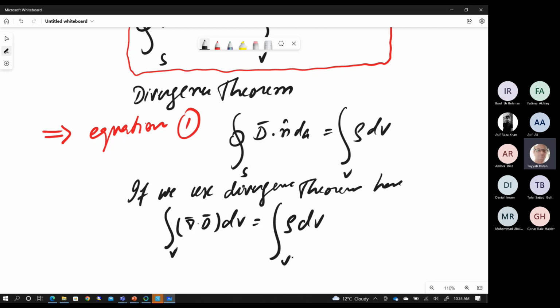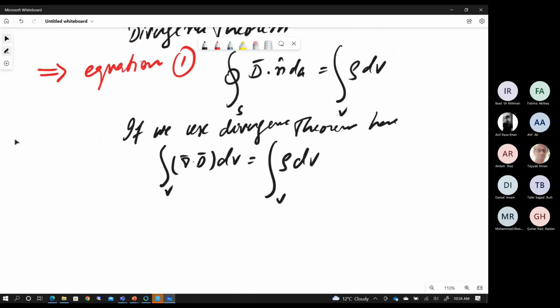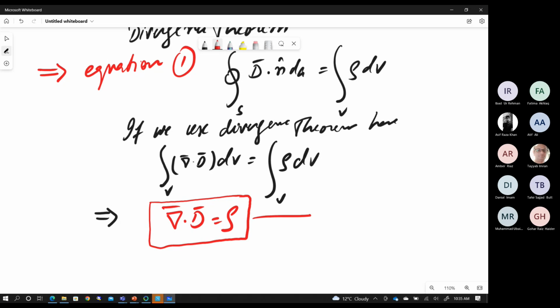Okay, and if we have volume integrals, then definitely we can write in the differential form.